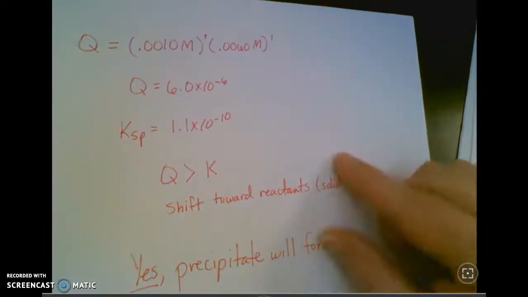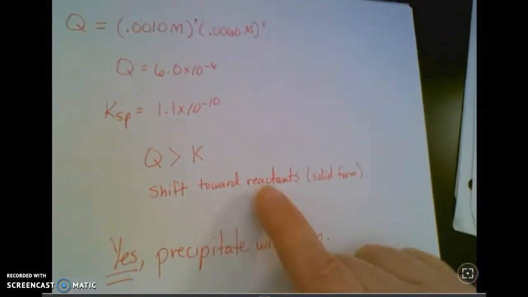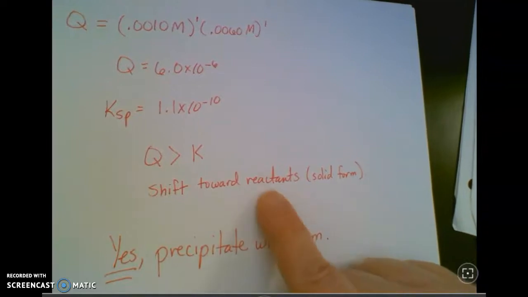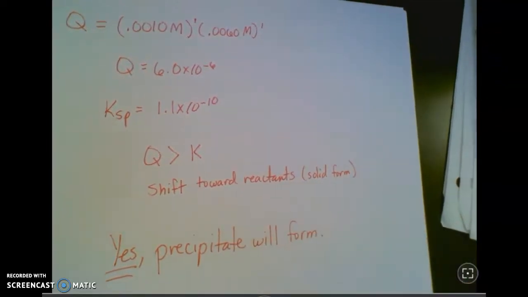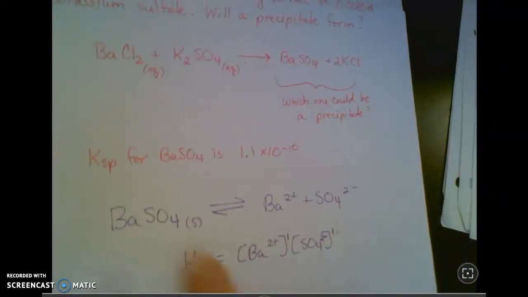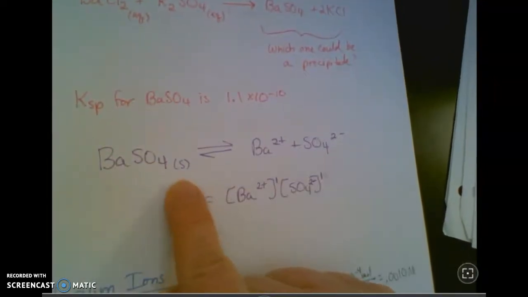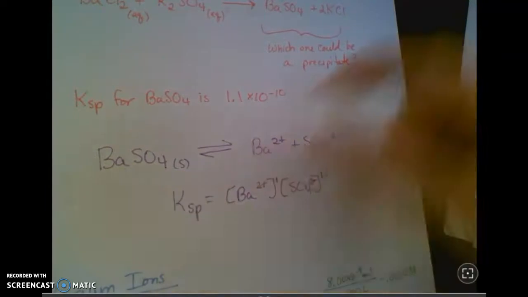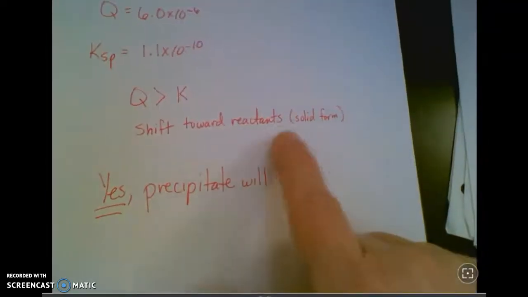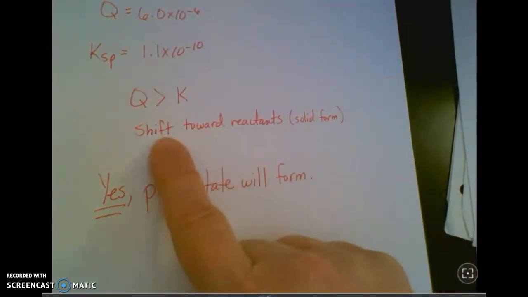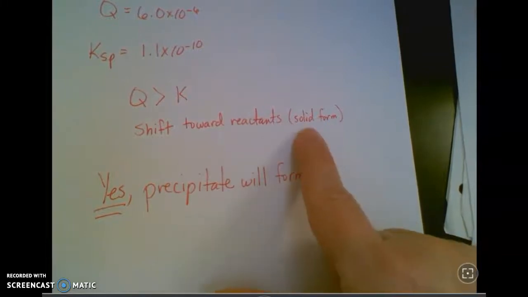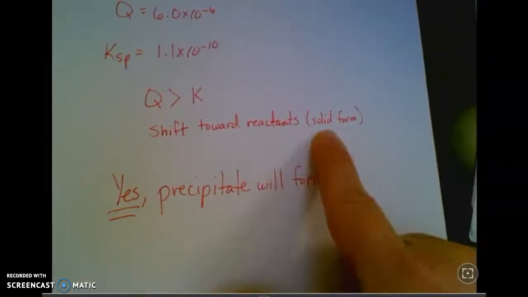So if I've got too much product, this reaction is going to shift back toward the reactant side. And the way the Ksp reactions are written, the reactant side is always the solid side. So if this reaction is shifting toward the solid, it's making the solid form.